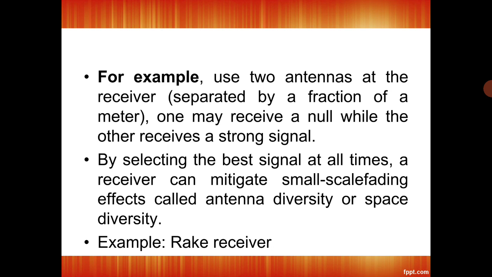So one may receive a null, and the other may receive a strong signal. Thus, by selecting the best signal at all times, a receiver can mitigate small scale fading effects.